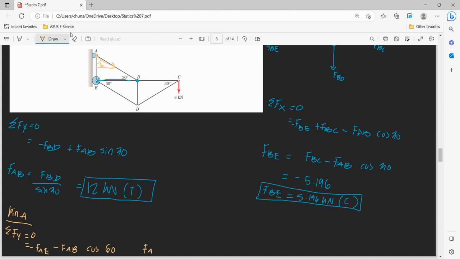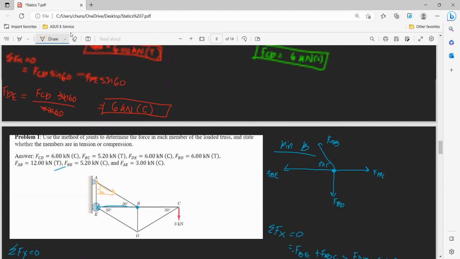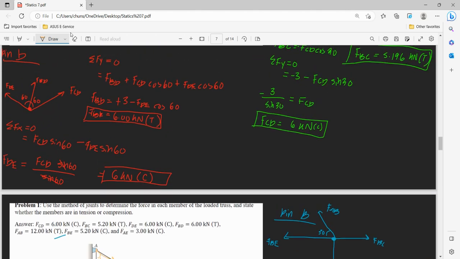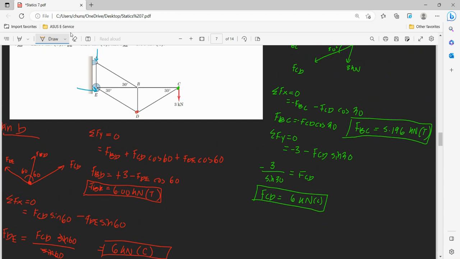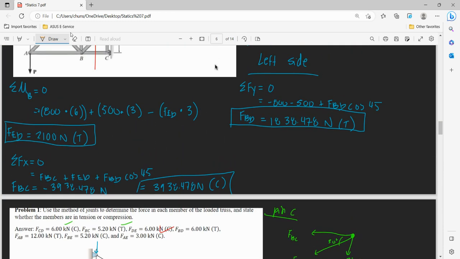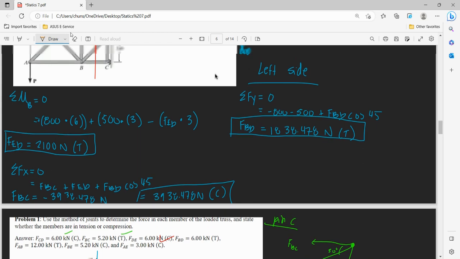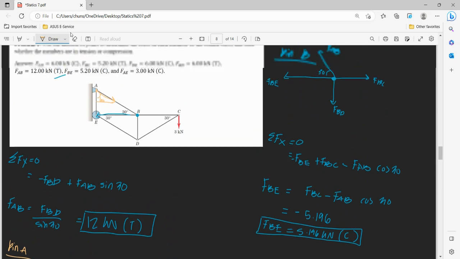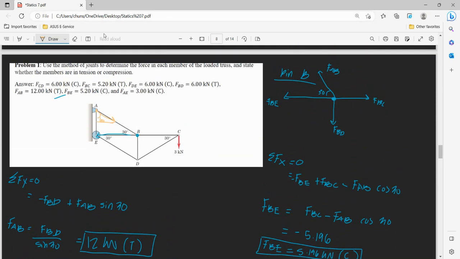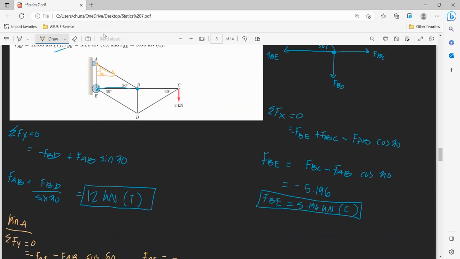And then FAE is equal to negative FAB, which was, let's see, FAB was equal to, okay, let's just find it from our answer key. So that's 12. Oh yeah, here it is.